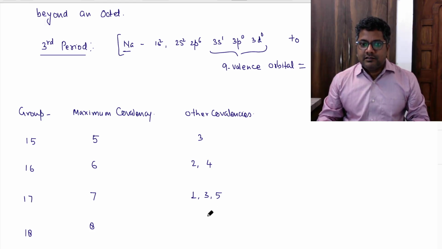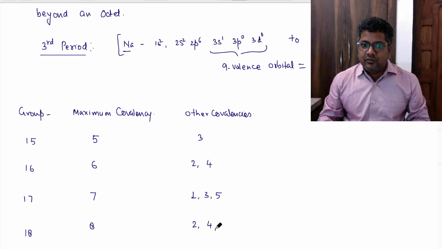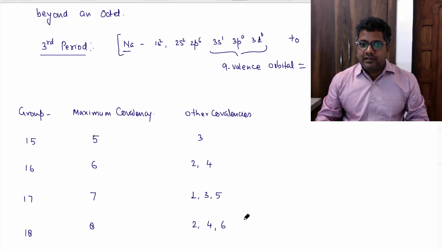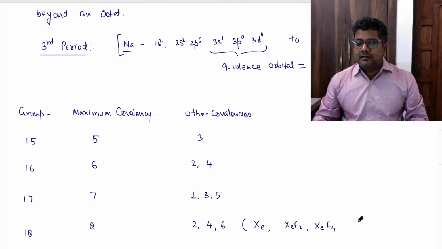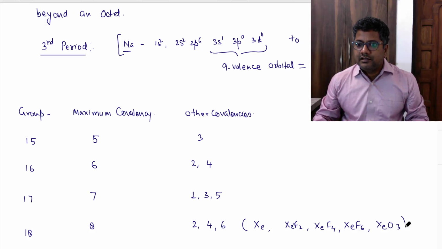and other covalencies are 2, 4, 6, particularly xenon, right? You know, xenon has compounds like XeF2, XeF4, XeF6 and XeO3, right?